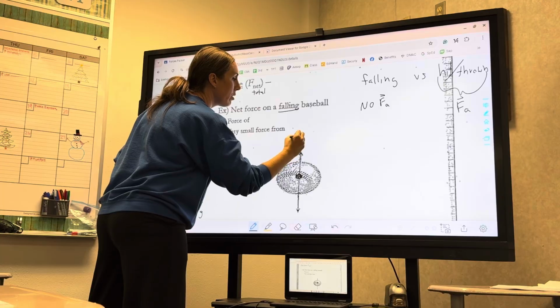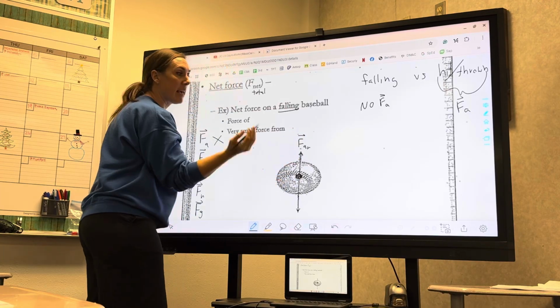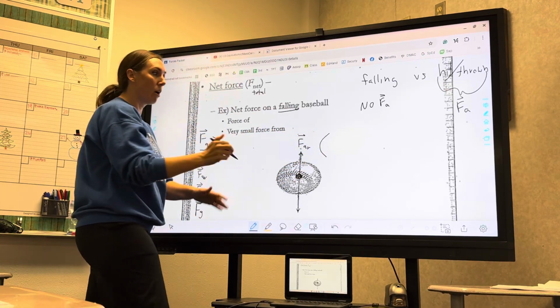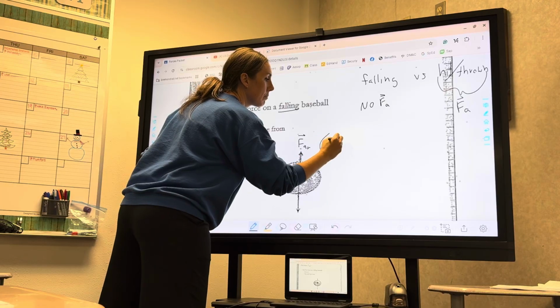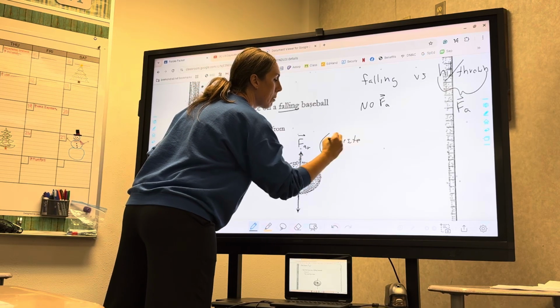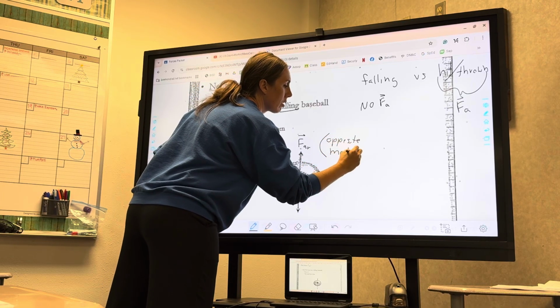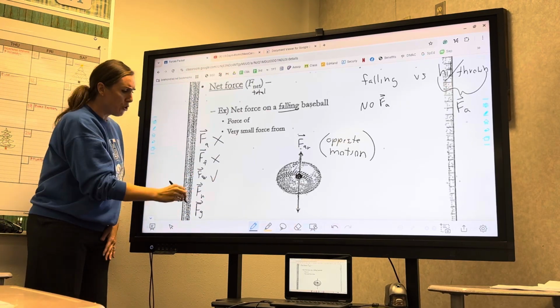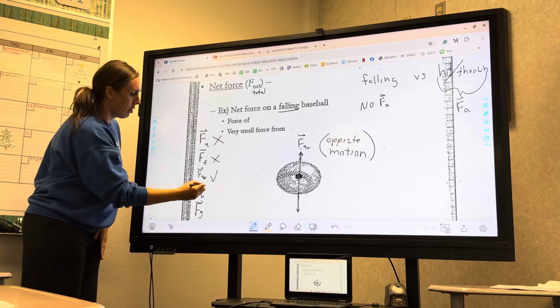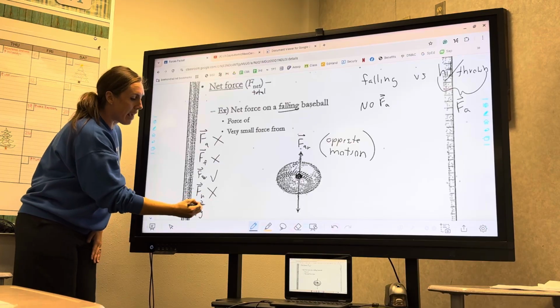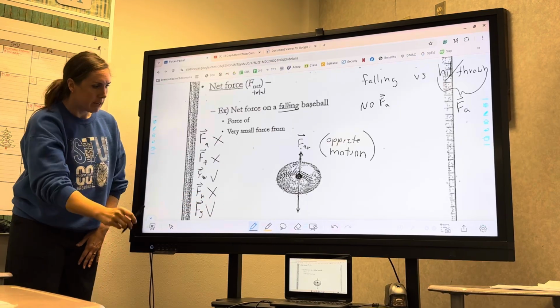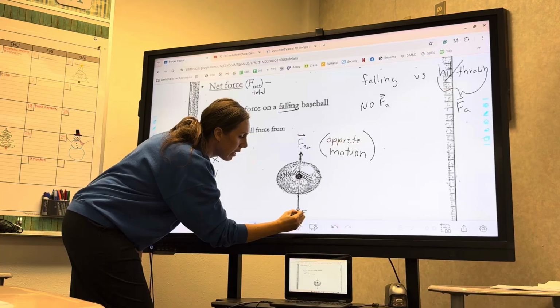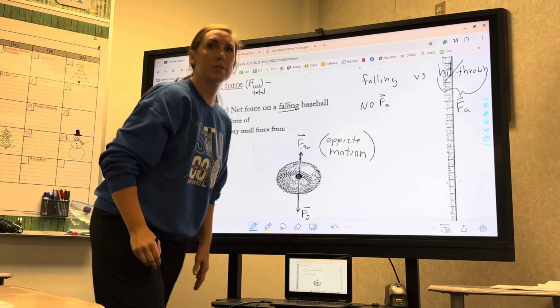So we have force, air resistance, and just in parentheses to remind y'all, opposite motion. So it opposes motion, it's the opposite. Normal, is it touching the ground? No. And gravity, everything is gravity. What direction? Downward. F hat sub G.